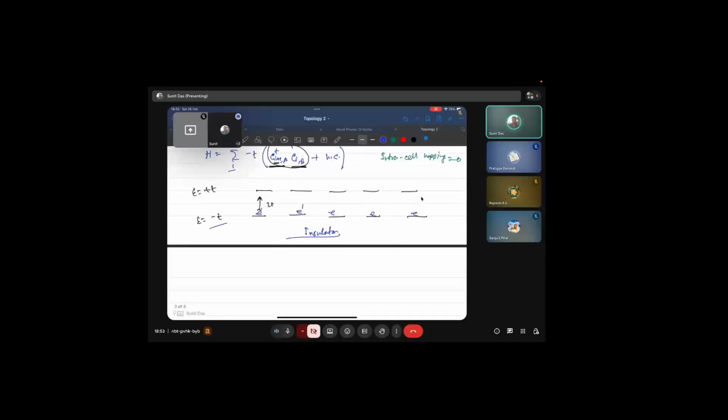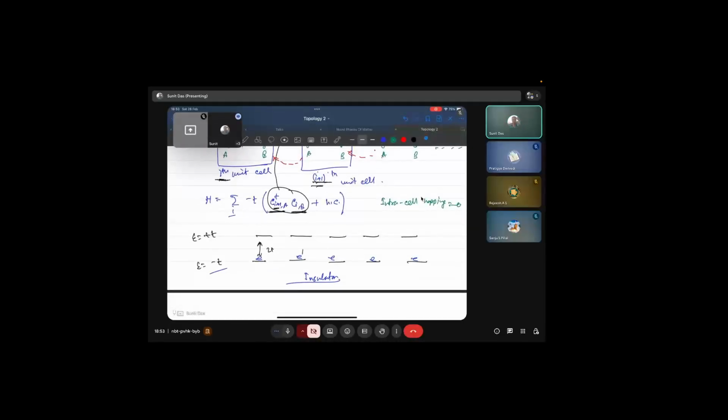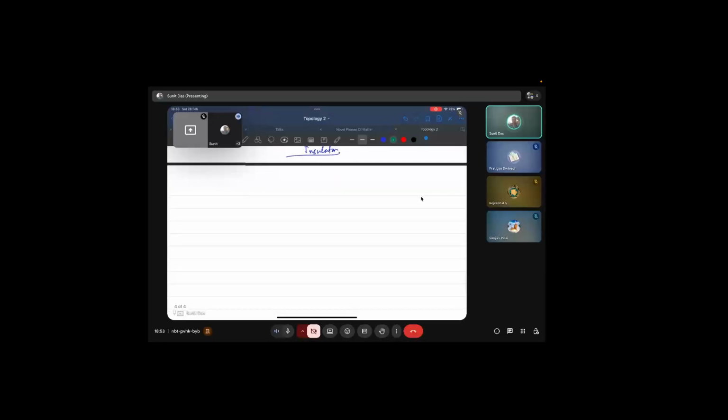Now if you go to the momentum space picture of it, so this was the real space picture, and then if we go to the k space or momentum space picture, again, you need to do the Fourier transform.